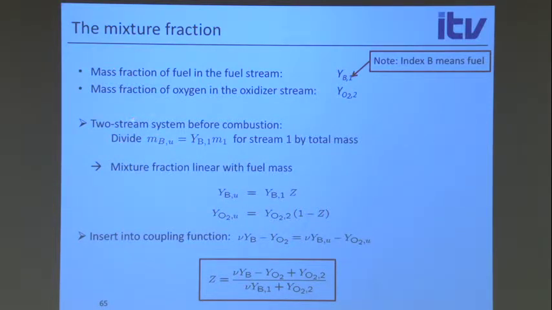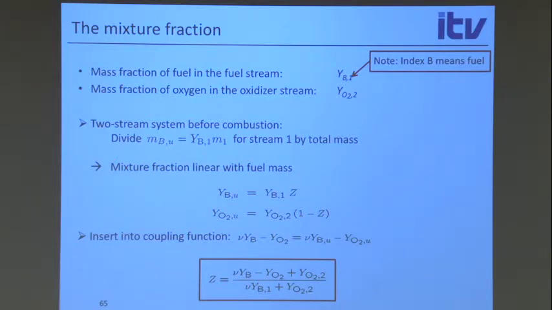look at the mixing before combustion. Then the mass of fuel in the unburned mixture is just the mass fraction of fuel in stream 1 times the mass that locally originates from stream 1. And then we can write this. If I divide this by the total mass, then this would be this mass fraction, and M1 divided by the total mass is the mixture fraction.